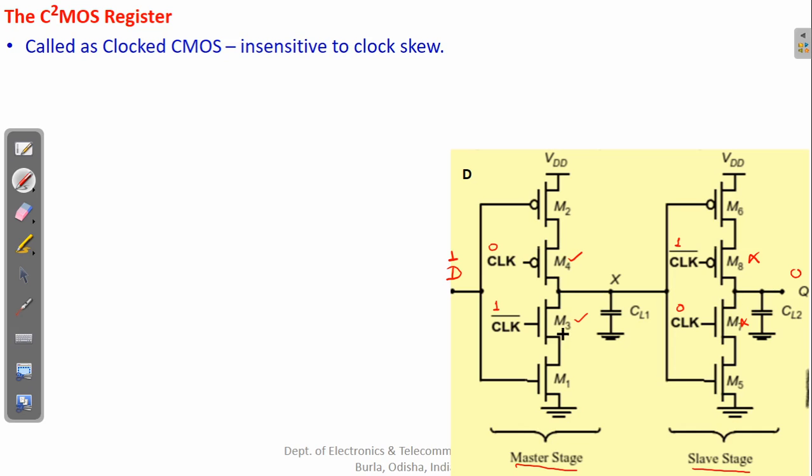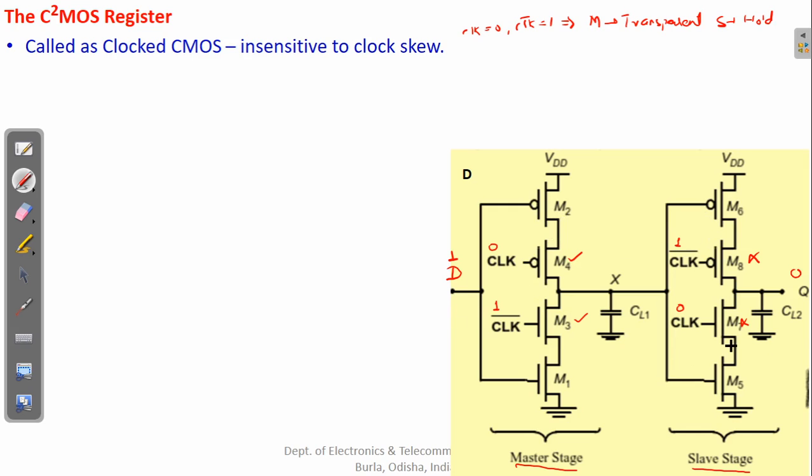Now under this condition, when clock is 0 and clock bar equals 1, that makes the master stage in transparent mode and the slave stage in hold mode of operation. So this is in transparent mode, this is in hold mode.